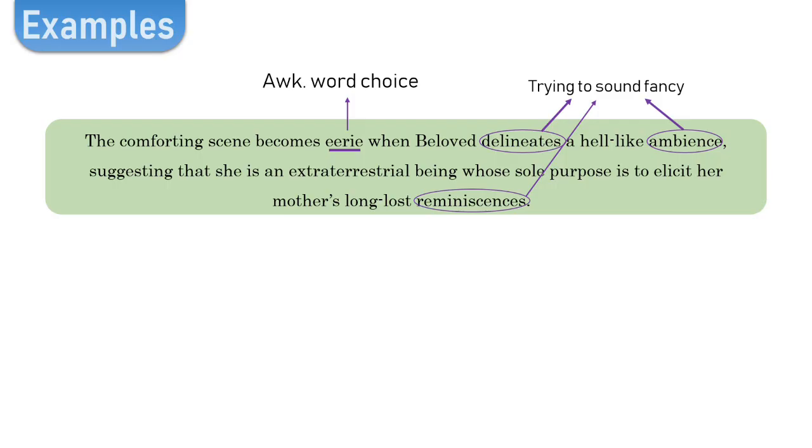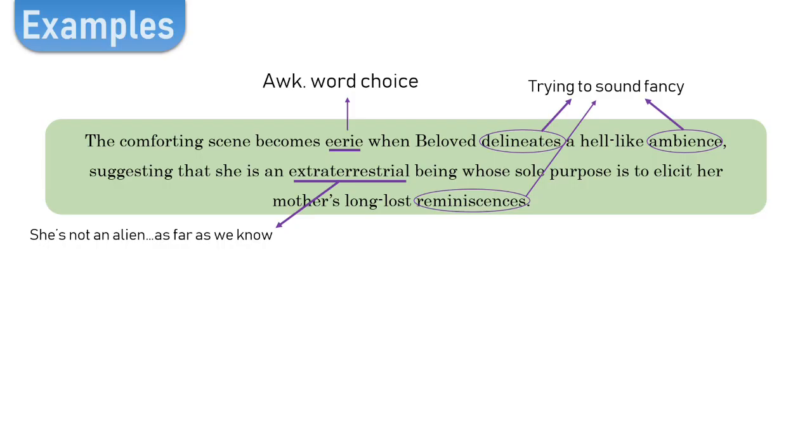Also, the word "extraterrestrial" is, I think, a totally inappropriate use of this word because Beloved, the character in this story, I don't think she's an alien as far as I know. So we'll definitely use a different word to suggest that she's out of this world. She's definitely not just your typical human being.